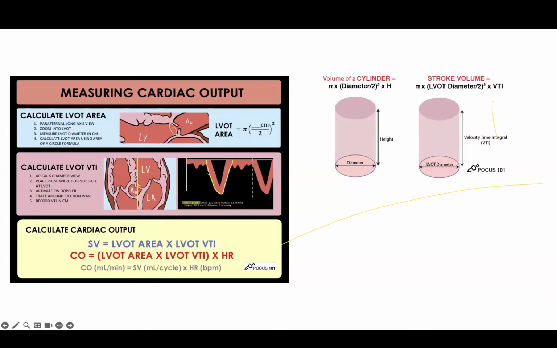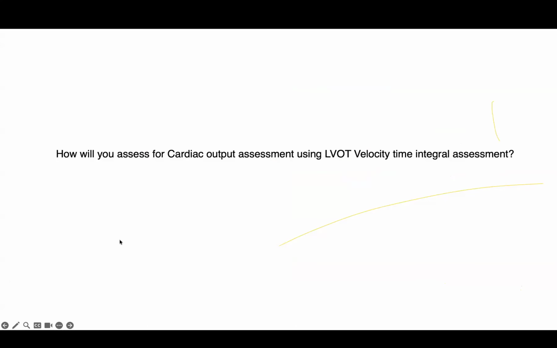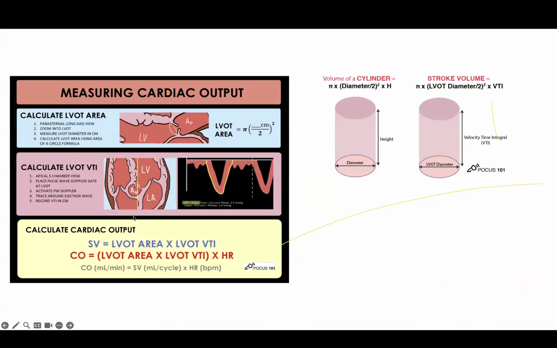That gives you the velocity time integral. Once you have the LVOT area and the LVOT VTI, you can calculate the stroke volume. But for cardiac output, you need to multiply it by the heart rate also. This is one thing many of us miss in the exam, so please be aware of it.